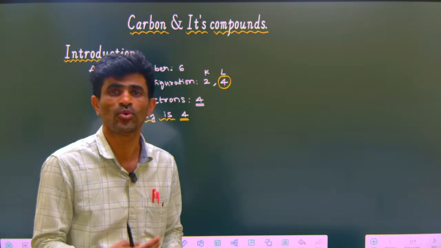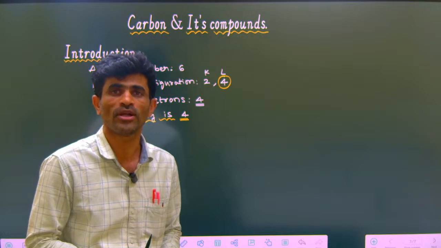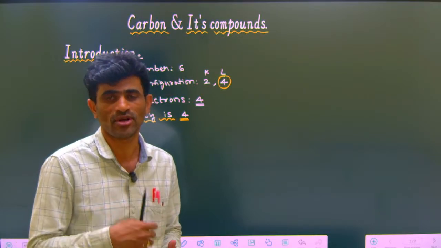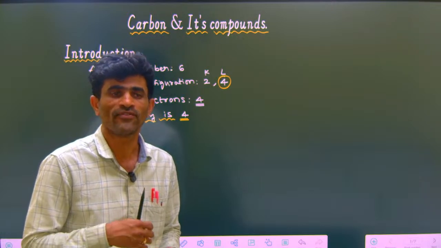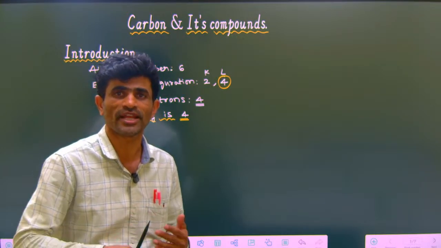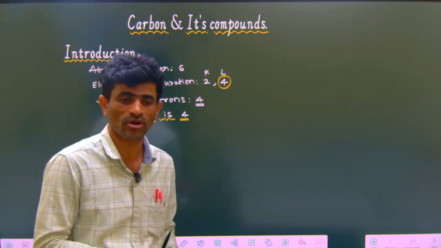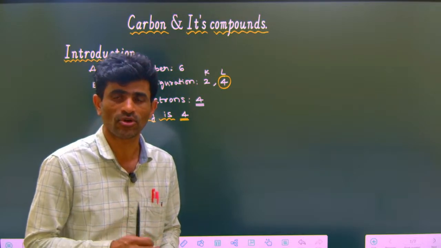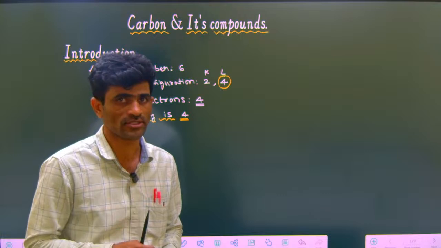Why do they lose electrons? Because they want stability like noble gases. They want 8 electrons in their outermost shell. So by losing those 1, 2, 3 extra electrons, they form cations.